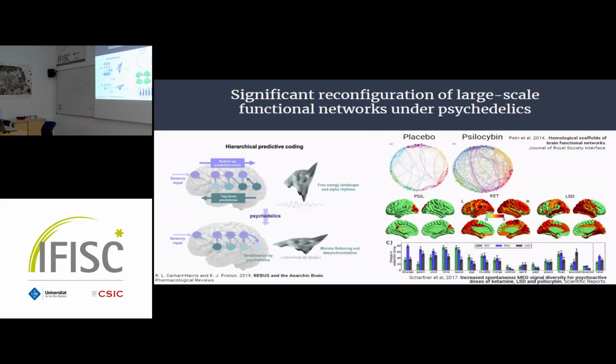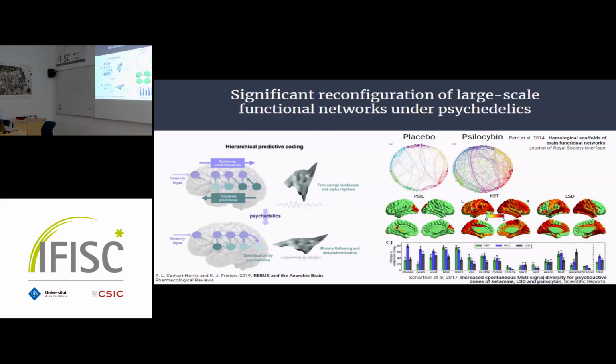You can see that there's an increase in these metrics with the 3 different drugs. So what we know more or less by now is that psychedelic drugs increase the entropy of brain activity and disorganize brain networks, and the hypothesis is that this is a consequence of a flattening of the energy landscape and the brain hierarchies.